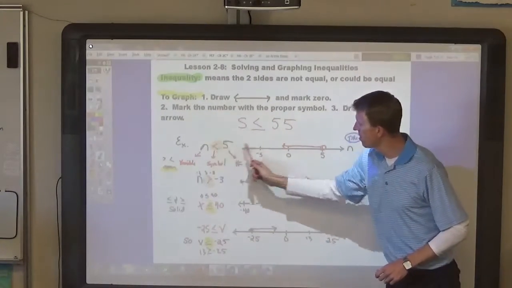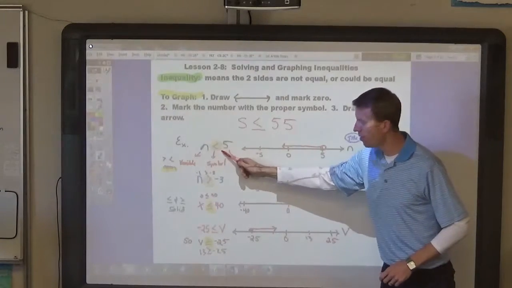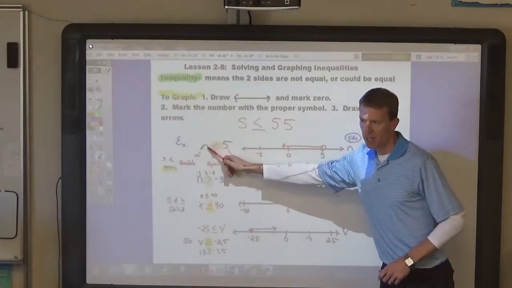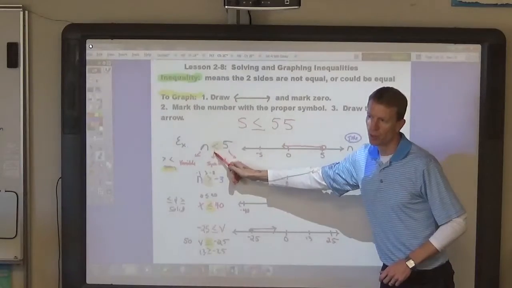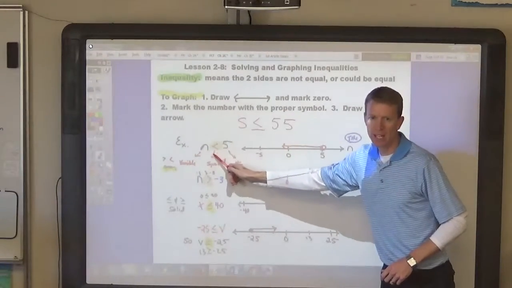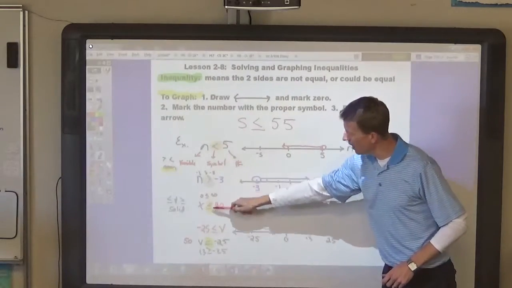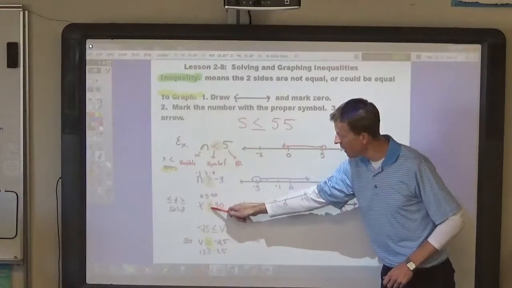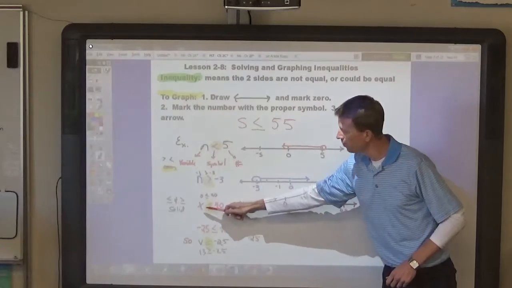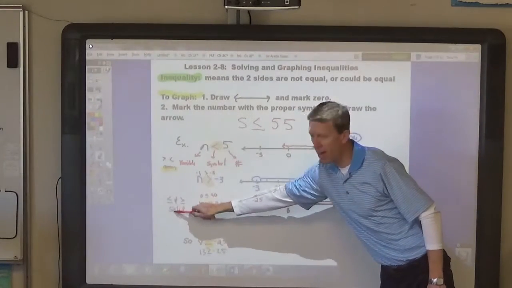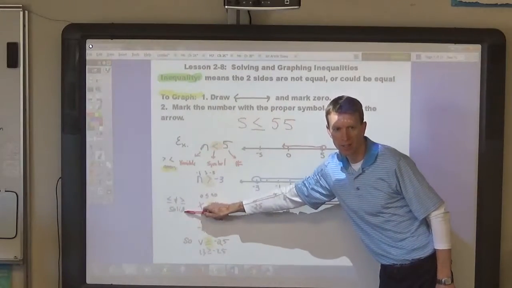The ones that are open dots do not have the line underneath the symbol. They're not equal to, they don't have that equal to part in the symbol. So when you look at these two symbols, this one is less than or equal to, and that uses a solid dot.